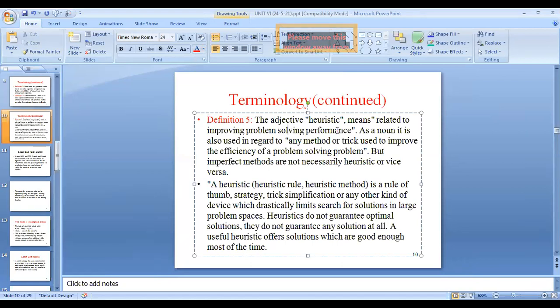The adjective heuristic means related to improving problem solving performance.